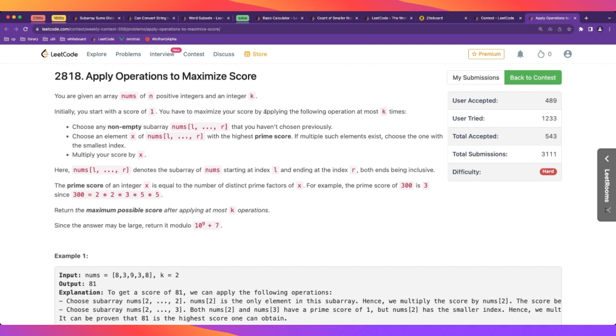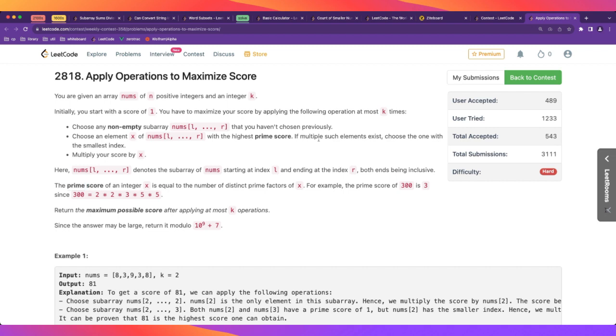You have to maximize your score by applying the following operation at most k times. Choose a non-empty subarray that you haven't chosen previously, and you choose an element from the subarray with the highest prime score, which they define here.